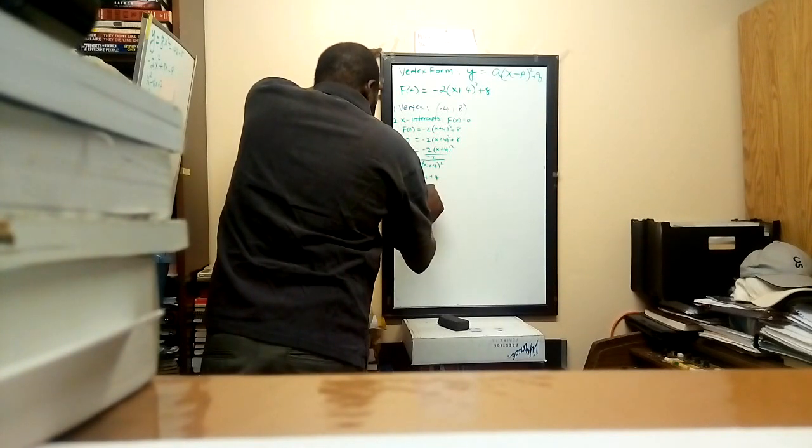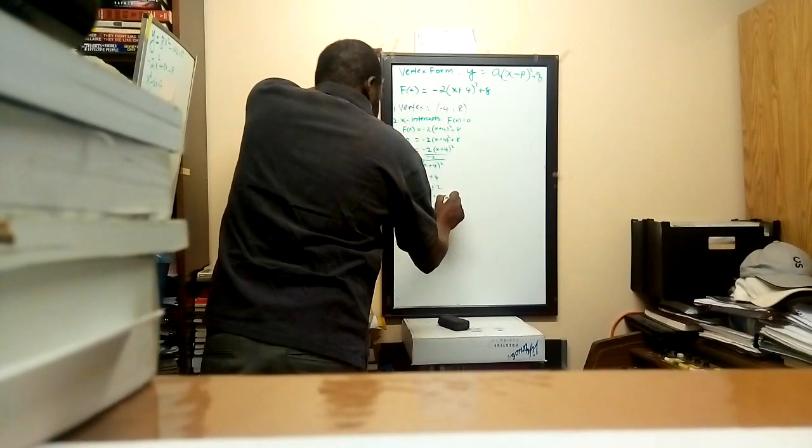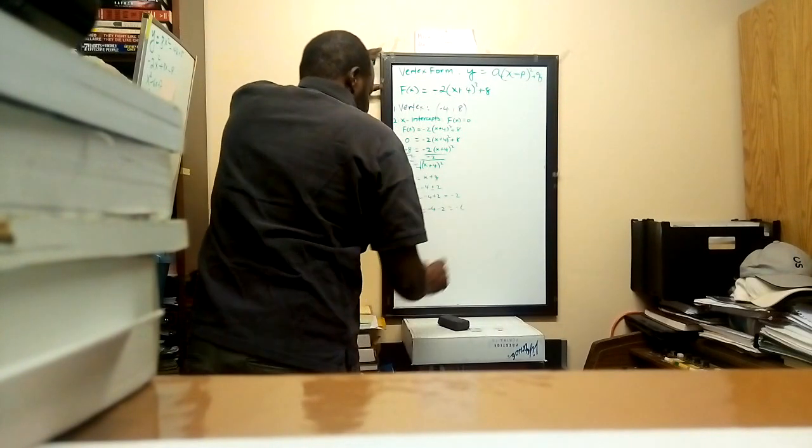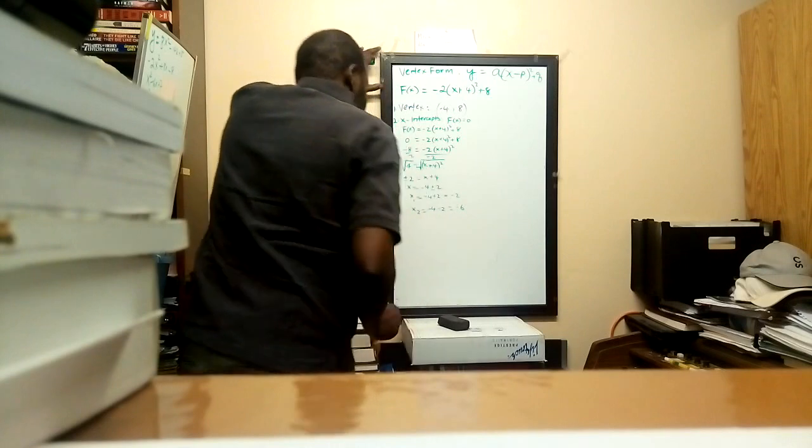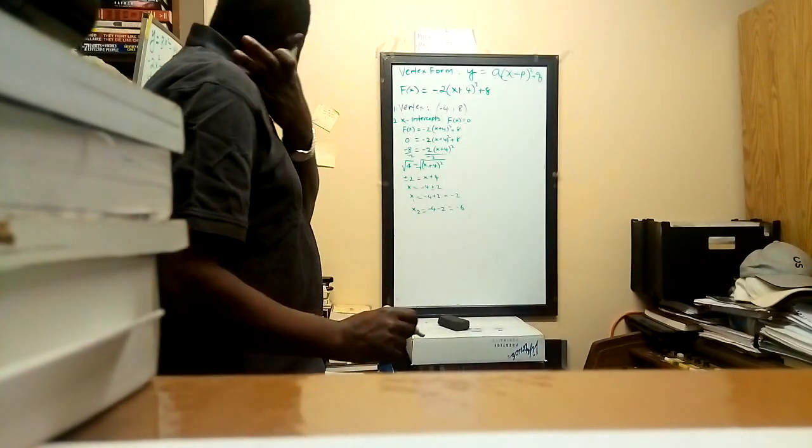X is going to be equal -4 plus or minus 2. So x1 is going to be -4 plus 2, that is -2. Then x2 is going to be -4 minus 2, which is -6. So we have two x-intercepts.